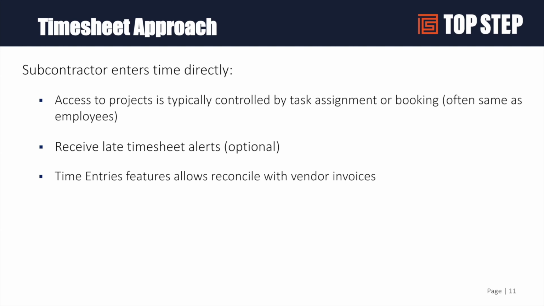They may enter time one week and skip a week and then enter time the next week. So you want to control those alerts. And also there's a feature that I'll walk through in the system of how to reconcile time entries from vendor invoices that is really helpful for most customers. So we'll talk about that, and I'll actually demo that in OpenAir real quick.